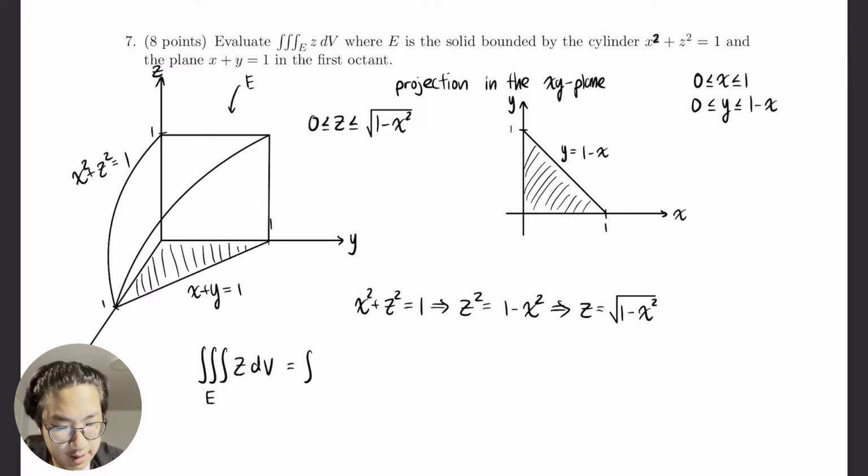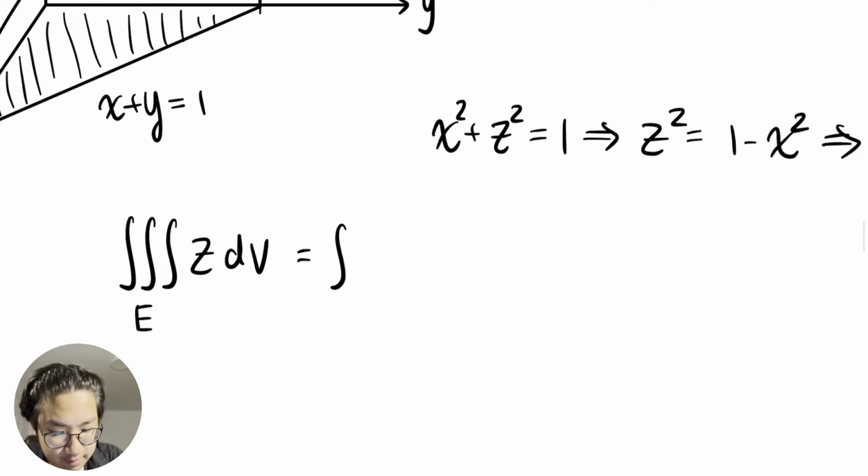Because this is, I believe, type 1 for 2D regions, we're going to have x then y. So x on the outside, y on the inside, so it's dy dx, but on the inside we have dz. So dz, dy, dx.